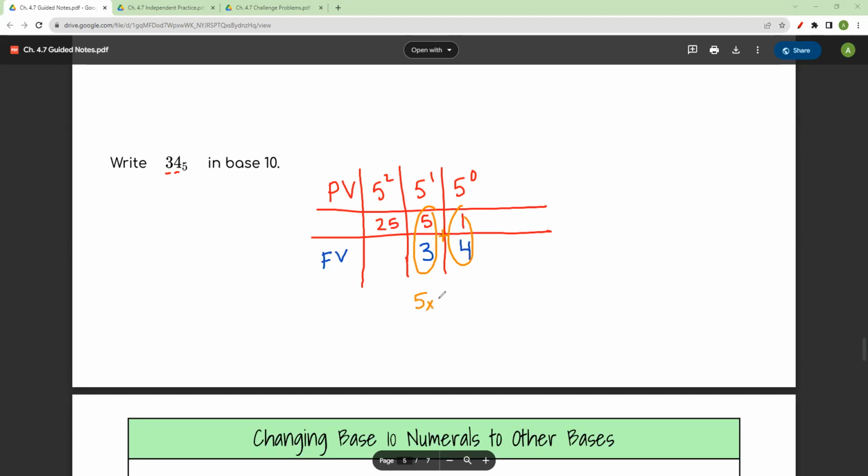We have 5 times 3 plus 1 times 4. So that's 15 plus 4, which equals 19. So 3, 4 base 5 equals 19 in base 10.